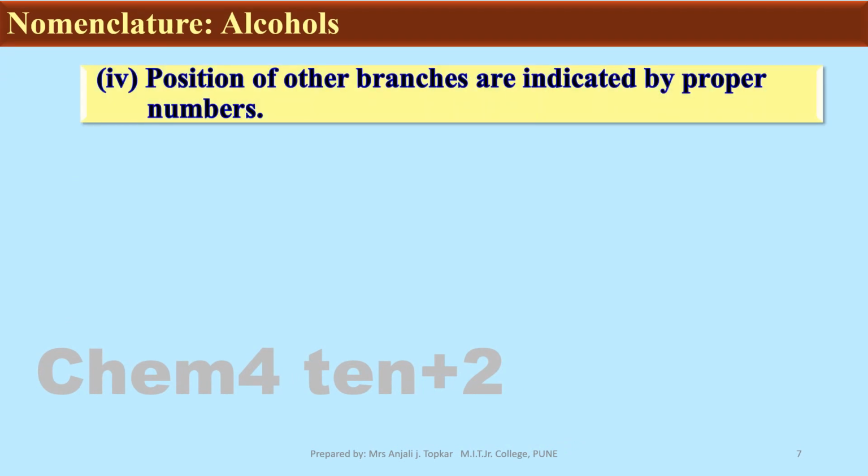Let's talk about the fourth point. Position of other branches are indicated by proper numbers. Let's understand it with an example. CH3, CH2, CH, CH2OH, and to this carbon atom we find one CH3 substituent is attached.